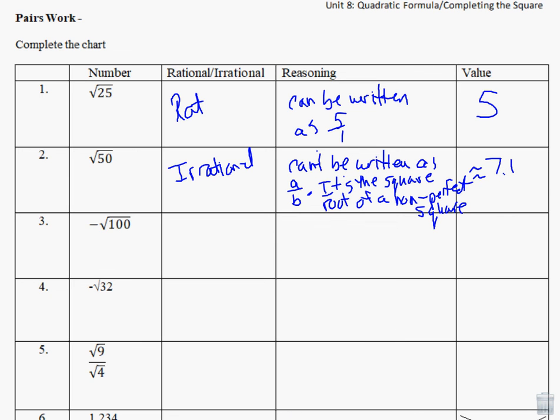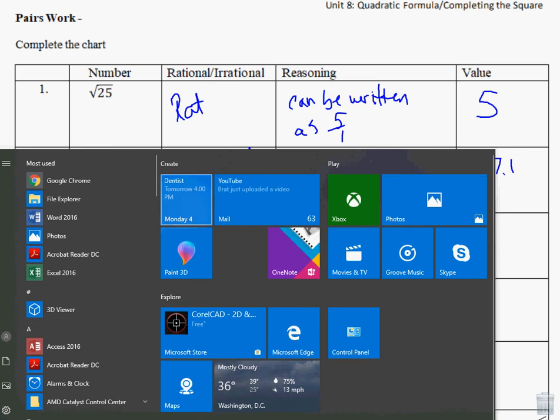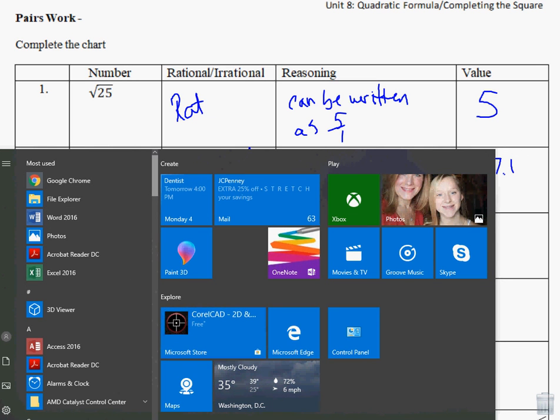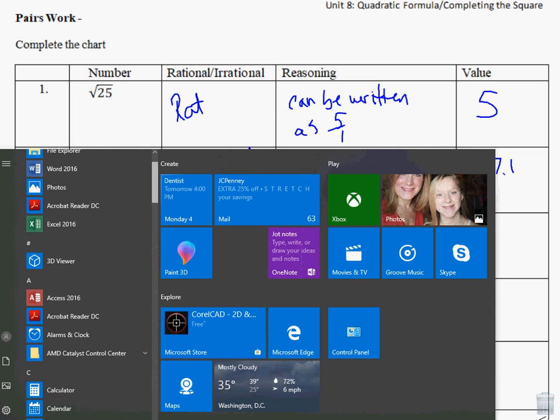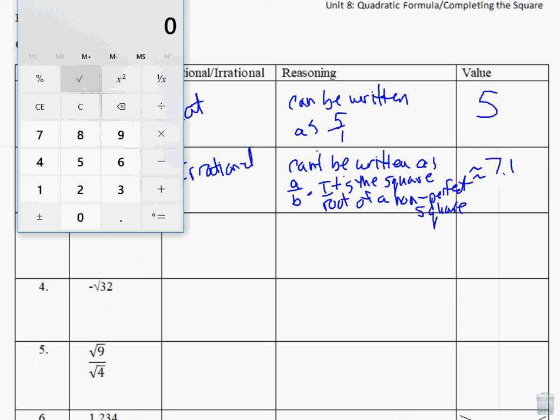Take a look on your calculator. Square root of 50. It rounds to 7.1, so it's good that I said it's about 7.1.